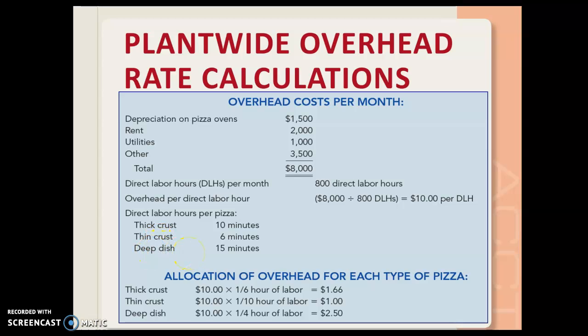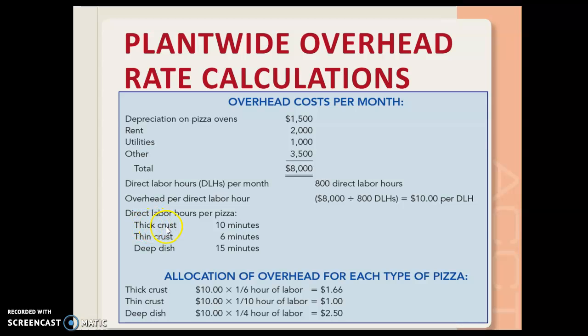In the previous video, we looked at a TV cabinet that was being made. That was a custom TV cabinet that is going to take a different amount of time than every other TV cabinet. But here, one thick crust pizza might take 10.2 minutes and another might take 9.8 minutes.